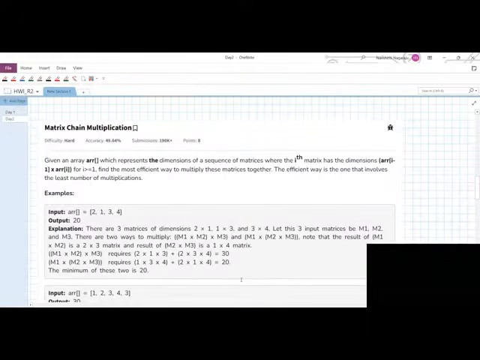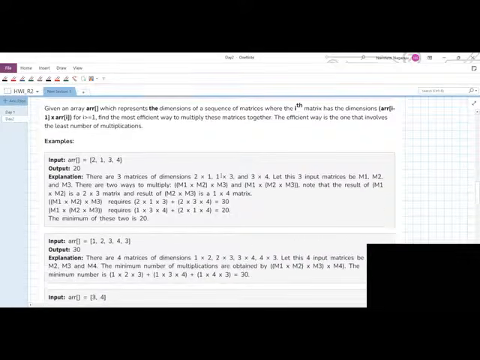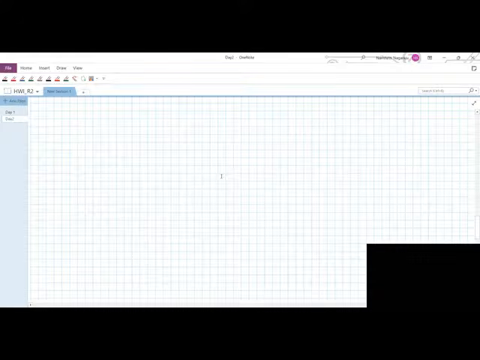Given an array, they will be giving you the dimensions of the sequence of matrices, like the ith matrix will have array of I minus 1 index into array of I index, where I is greater than 1. I will explain this question in the simplest way. They will give an array, and you can take the array like this.